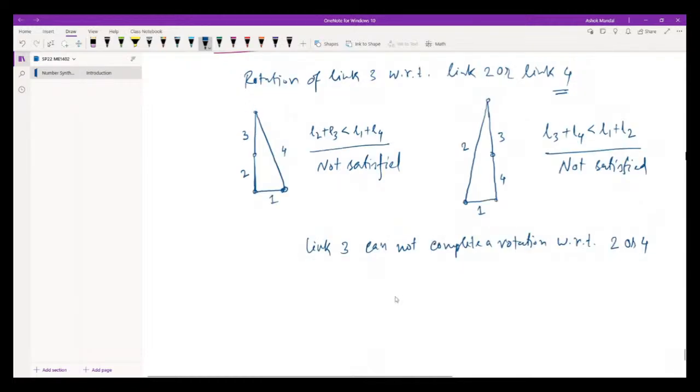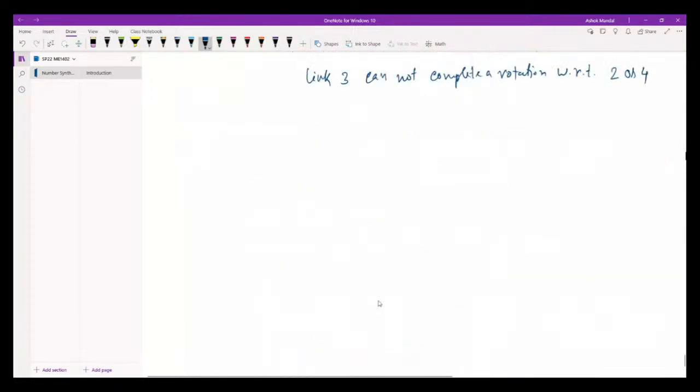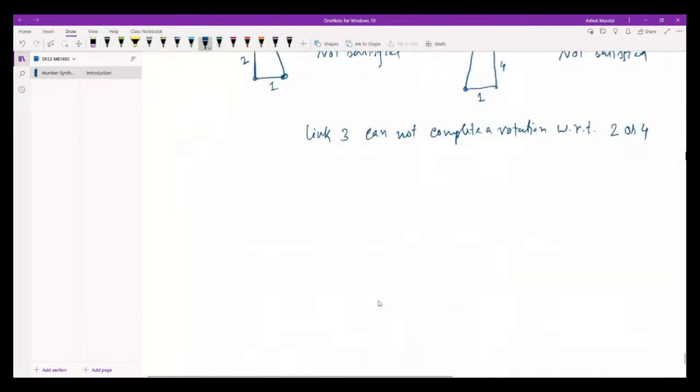I left this writing for you. Just complete this: which mechanism you get by fixing link 1, link 2 or 4, and link 3. Fixing link 1 gives you double crank.